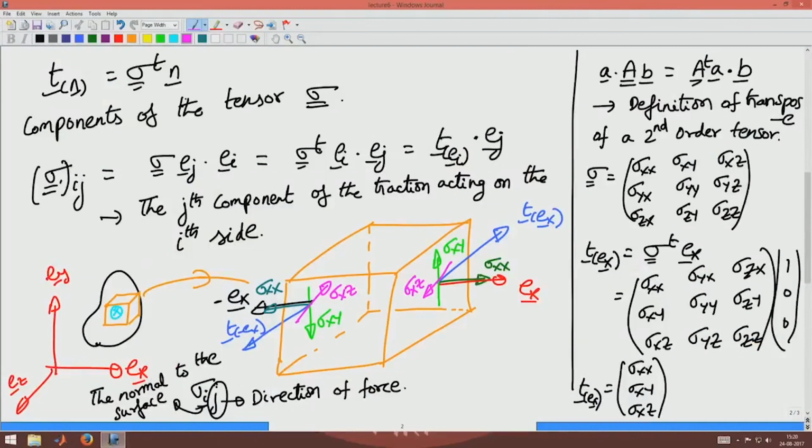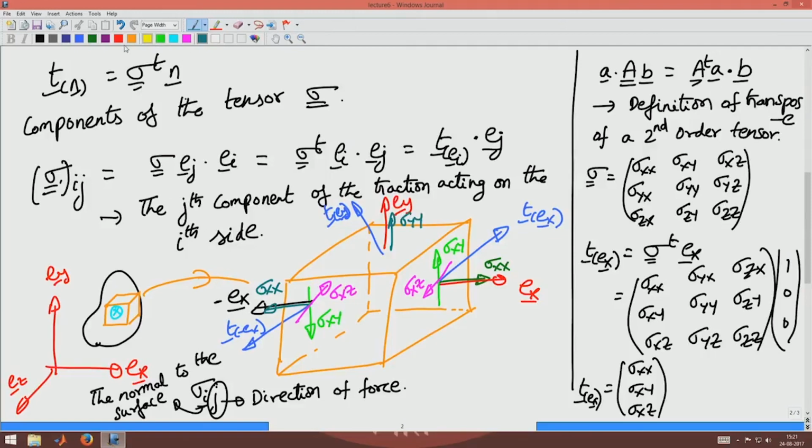Okay. Now, let us move further and see what happens to the top face. To the top face, the normal is E y, and the traction that is acting on that face would be something like this, T of E y, and the component of this traction along the normal direction would be this, that will be sigma y y. Okay.